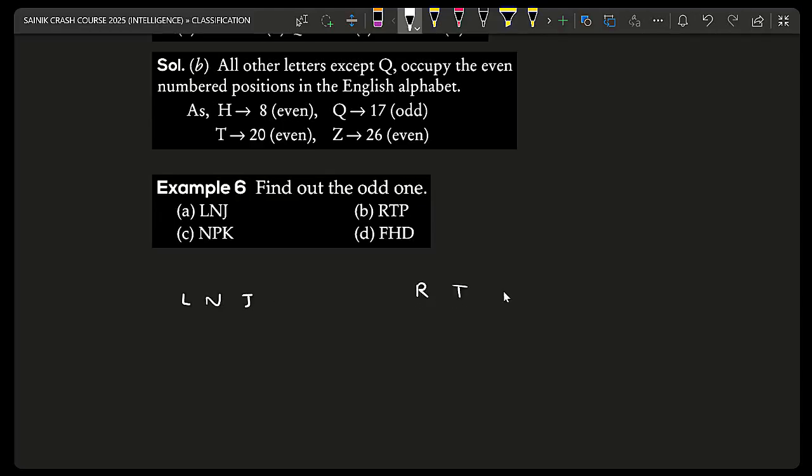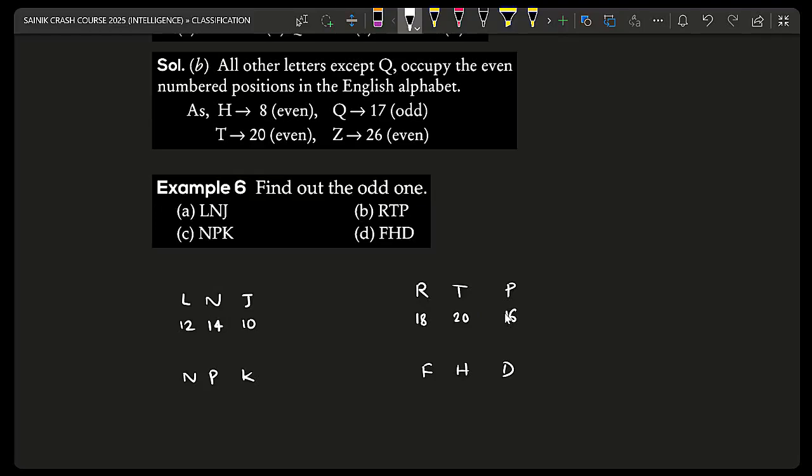Sir, option A is L and J, no? Yes. L is on 12 and N is on 14 and J is on 10. So there are even numbers. Okay. And R is on 18, T is on 20, P is on 16.